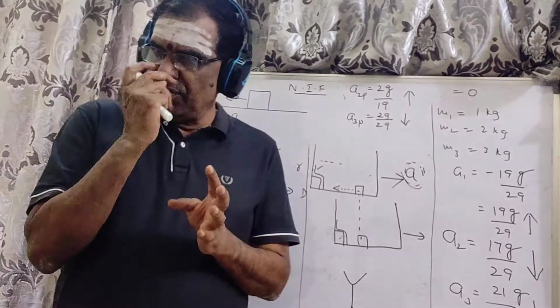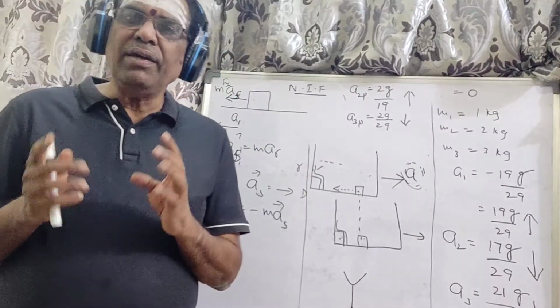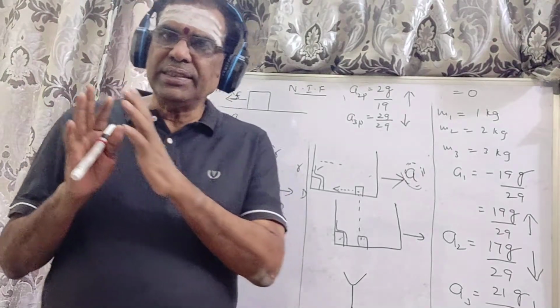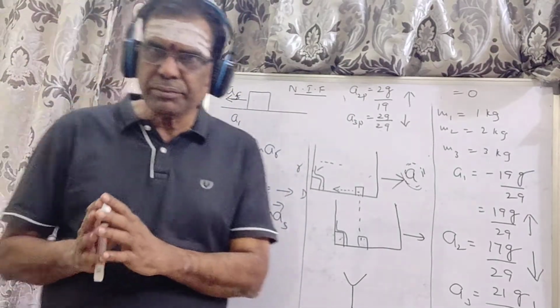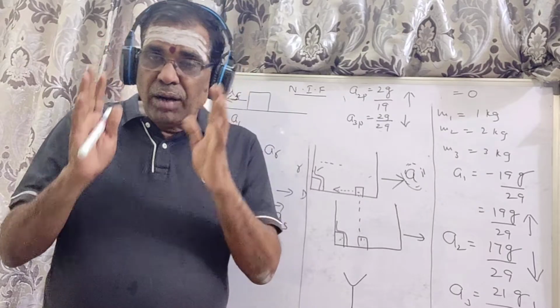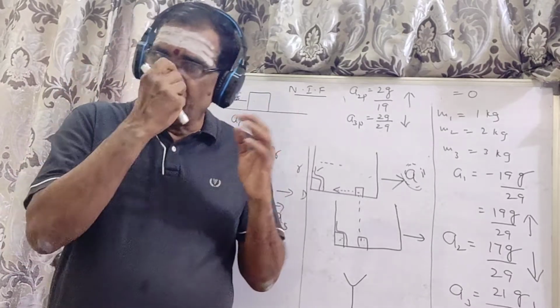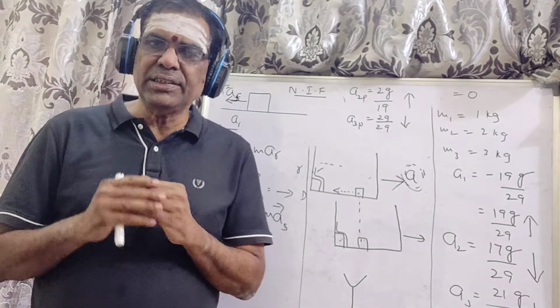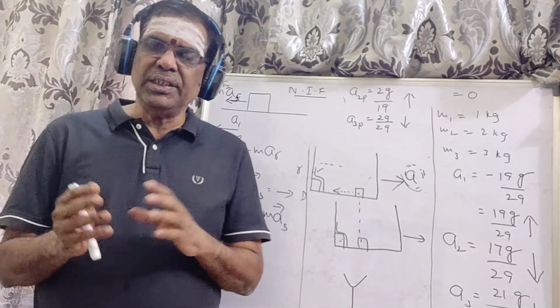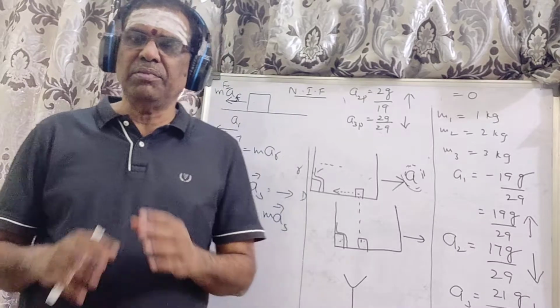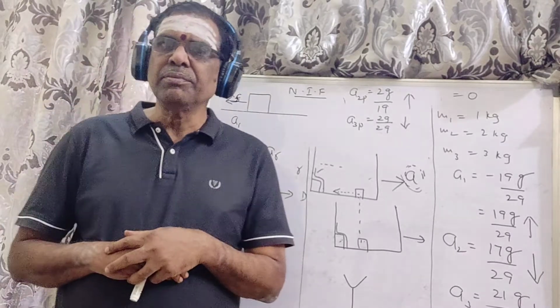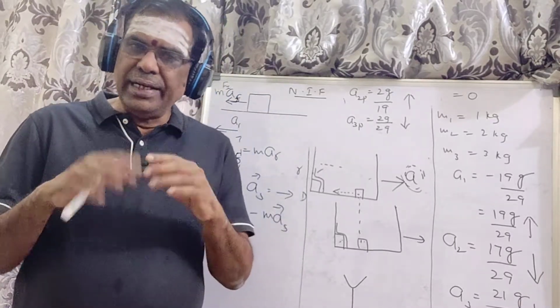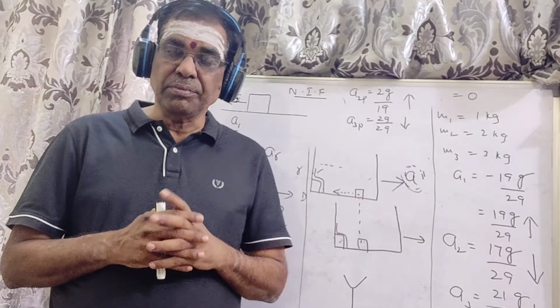Choice is yours, number one. Number two, whenever you want to apply Newton's second law from a non-inertial frame or accelerated frame, one technique is to adopt this pseudo force concept or imaginary force concept and get the solution.